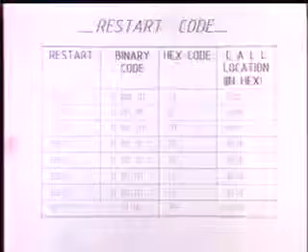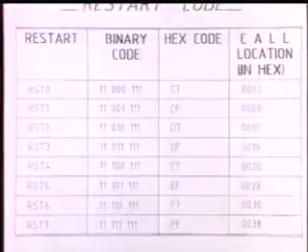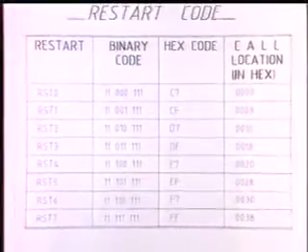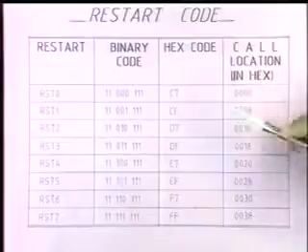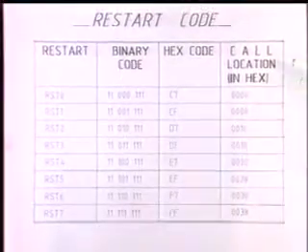Now comes the software interrupt, which is basically called restart, or RSTs. The software instruction is called RST 0, 1, and it goes up to RST 7. There is a code for each, and the hexadecimal codes are, for example, C7, CF, and so on.